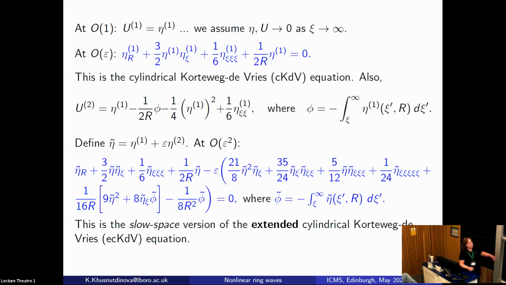Compared to Horikis and others, we assume that there are no waves at infinity. If we define the sum of eta 1 and epsilon eta 2, then for this variable we can obtain the extended cylindrical KdV equation. And this is the slow space version of this equation.